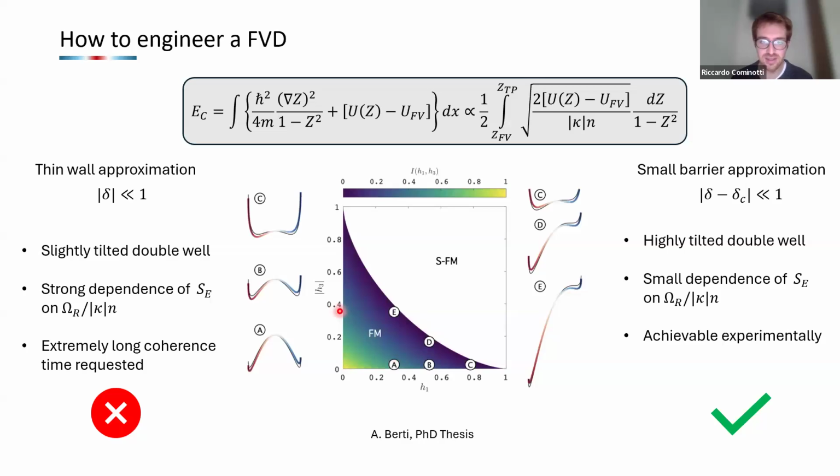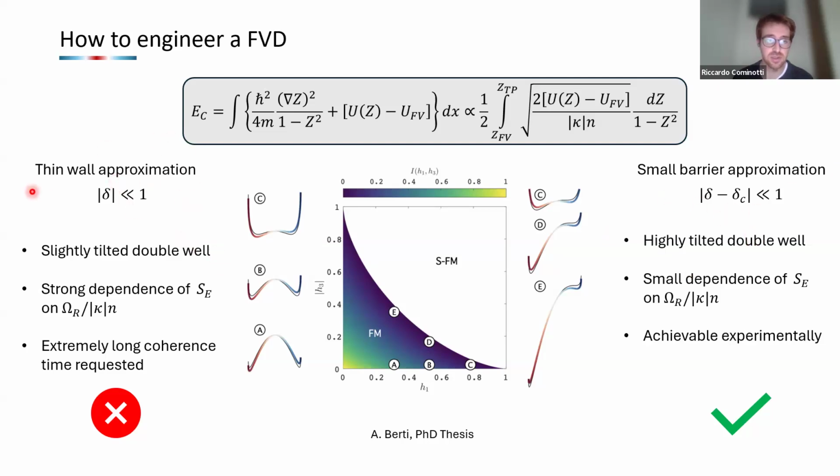In this diagram, we have on the horizontal axis the Rabi coupling, and on the vertical axis the detuning. There are two regimes in which we can work to have a straightforward comparison with theory, called the thin wall approximation and the small barrier approximation.